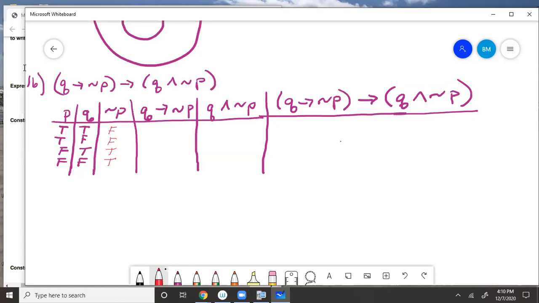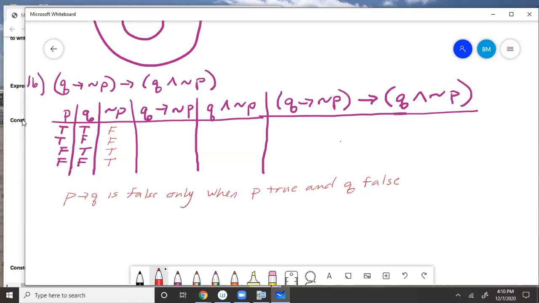Now remember what we just went over, right? If P then Q, that is false, do you remember? Only when P is true and Q is false, right? That's the only time that that is false, when the antecedent is true and the consequent is false.